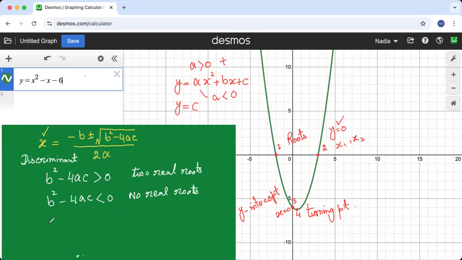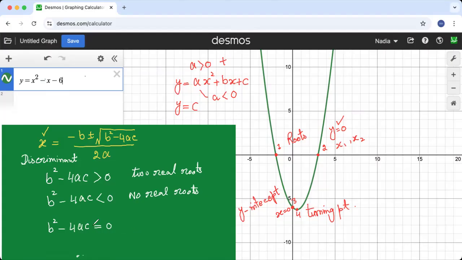The third condition is if we have b square minus 4ac equal to 0. If we have this condition, then in our quadratic formula, the second term of the numerator, which has two different signs giving us two different values of x, is not present anymore.